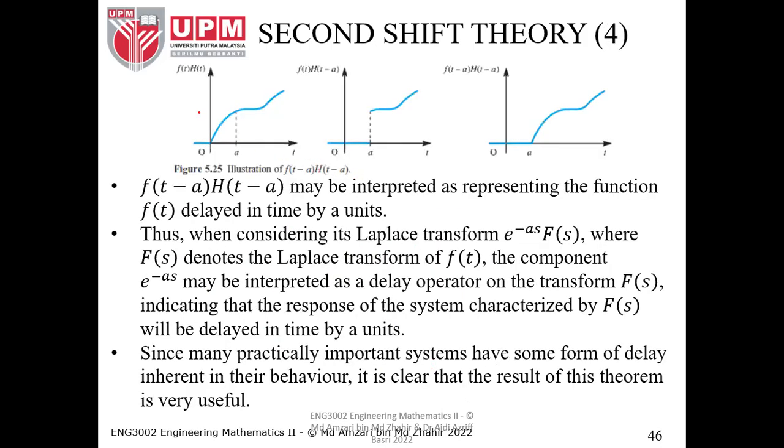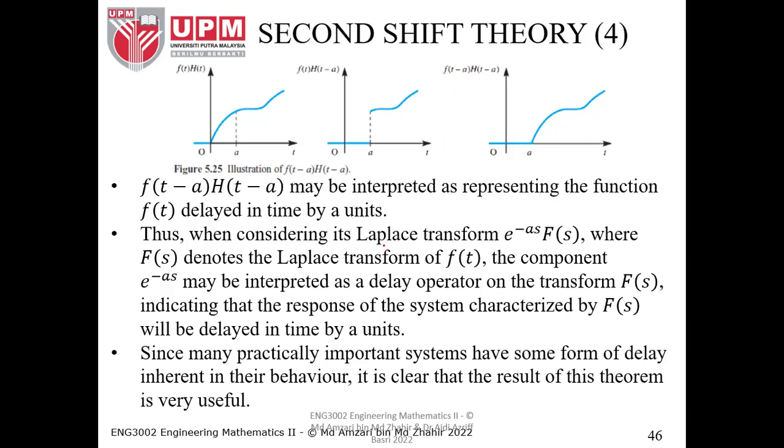For example, the first function is the normal function, starting from 0, then it starts from a. But when we have t minus a, the function will be 0 until a, then it starts. With f(t − a) H(t − a), the function is 0 until a, then it starts from there.